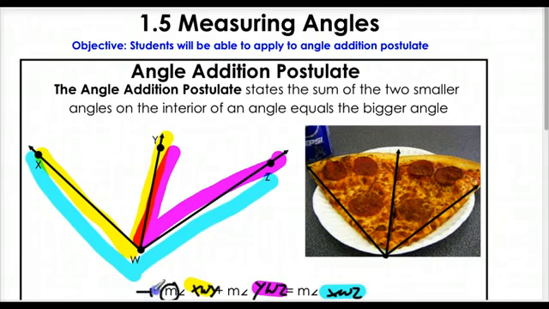That m means the measure of, in degrees. So the measure of this angle plus the measure of this angle equals the measure of the bigger angle. Now, if that's not making any sense, think of a pizza. If I have this slice of pizza and this slice of pizza, and I put them together, I get the bigger slice of pizza. Got it now.